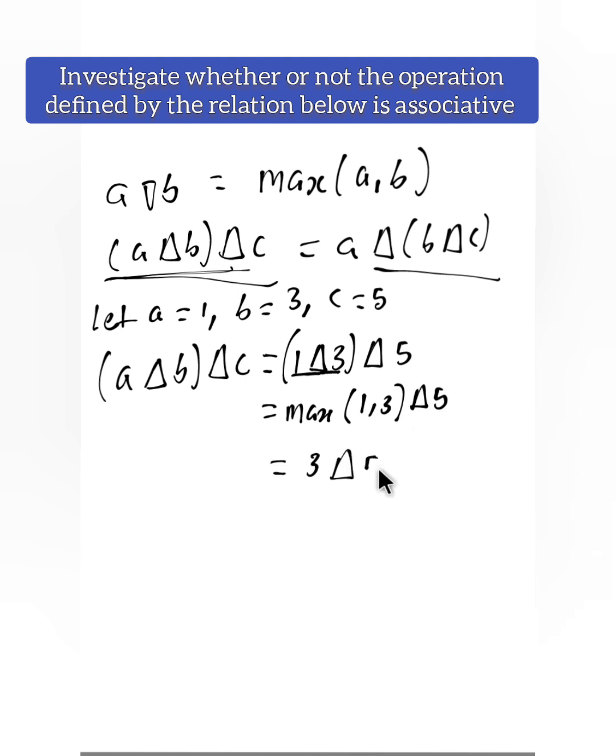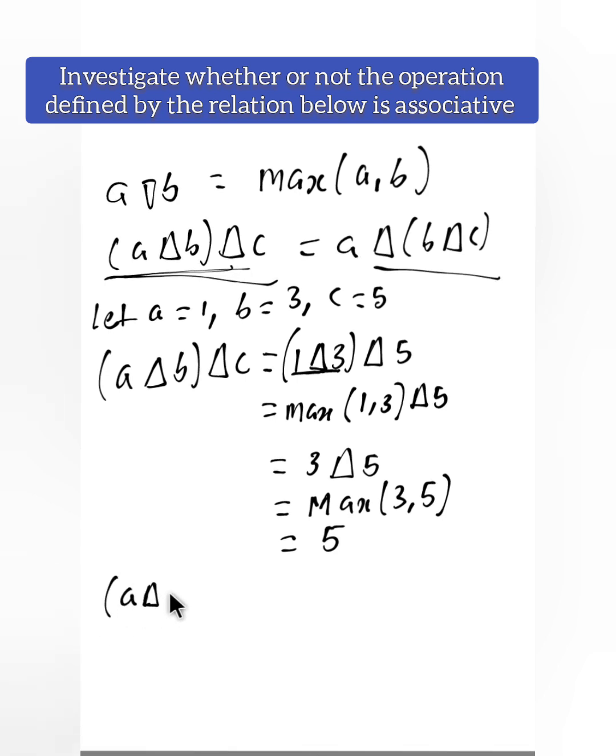So we are now at 3 operation 5. Now 3 operation 5, using the above relation, is the maximum of 3 and 5. Now what is the maximum of 3 and 5? 5. Hence, (A operation B) operation C is equal to 5.